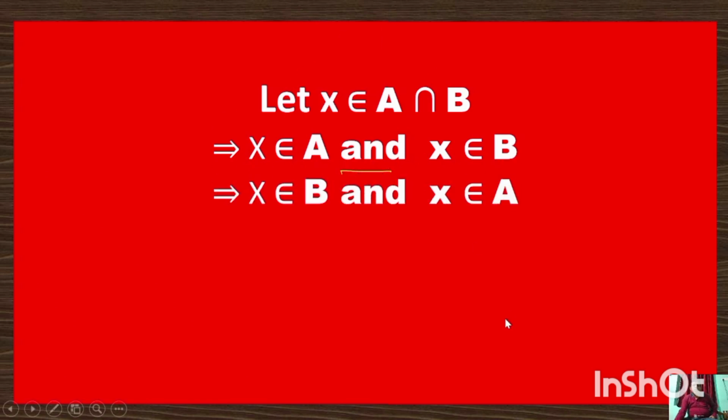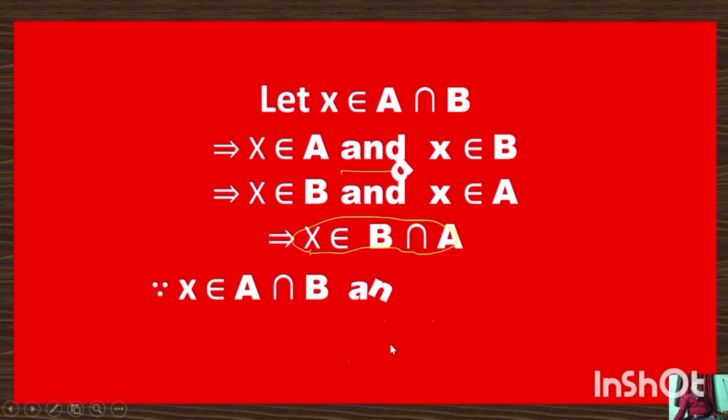We have to use the operator AND while studying the intersection of sets A and B. If X belongs to A and X belongs to B, it means X is a common element of A and B. It means the elements are common in both set A and set B. Or we can also write X belongs to B and X belongs to A, yes or no? Because that element is also present in B. It means X belongs to what? B intersection A. Understand? Yes? Okay?